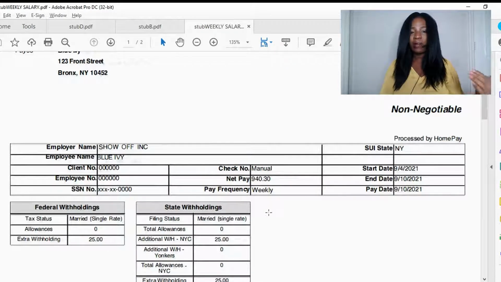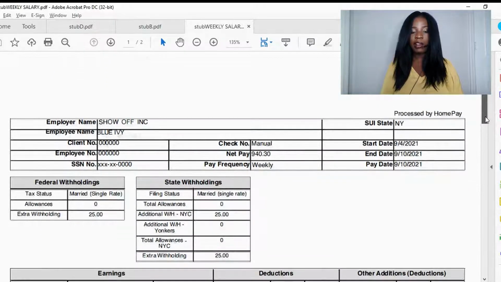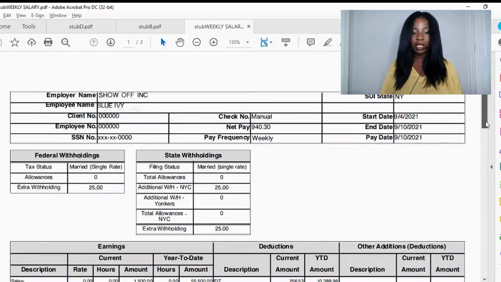So for my other examples, I'm not going to tell you, because that's something that you really do need to know how to figure out as a processor. But weekly is easy because it just shows the start date, and it's 5 days. That's a work week, right? And the pay date is at the end of that first week. So here, the pay frequency is weekly.